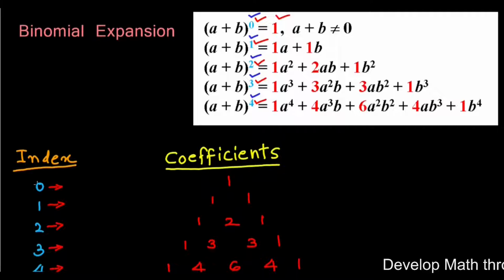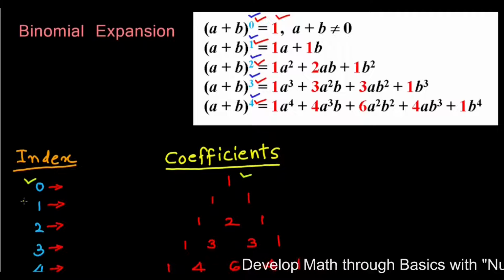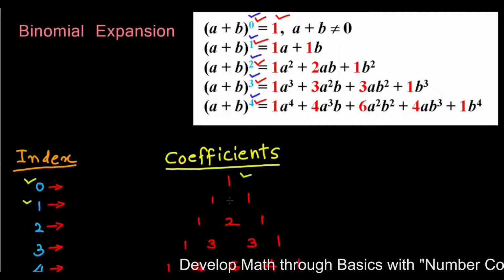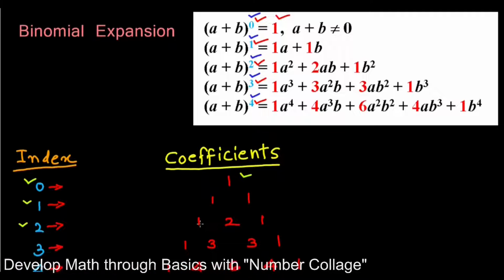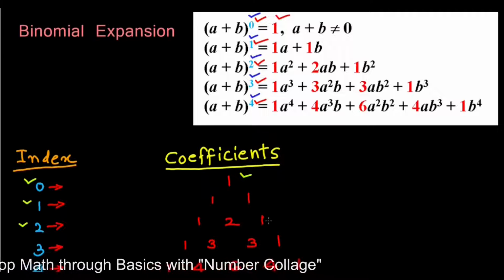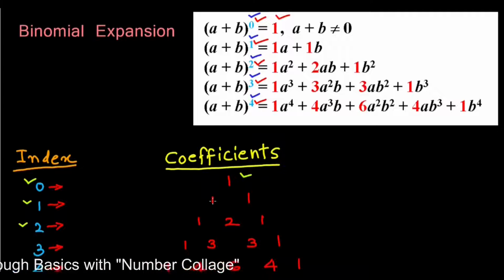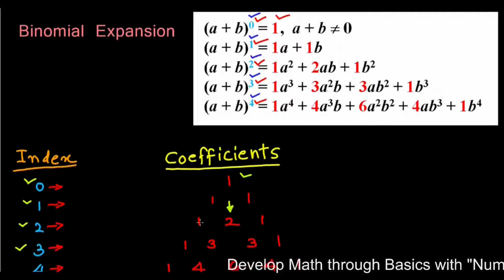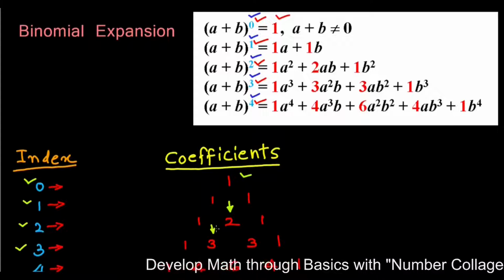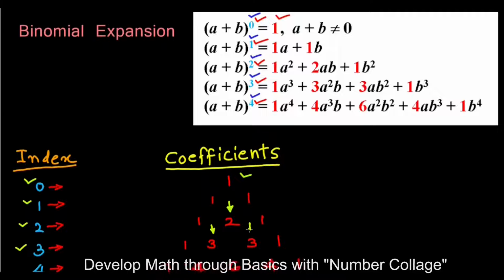We observe that when the index is 0, the coefficient is 1. When the index is 1, there will be two coefficients 1 and 1. When the index is 2, the coefficients will be 3, which are 1, 2, and 1. Now here, if we add this 1 and this 1, then we get this 2. When the index of the binomial is 3, the coefficients will be 1, 3, 3, 1, which we can obtain like this. 1 plus 2 gives us this 3, 2 plus 1 gives us this 3.